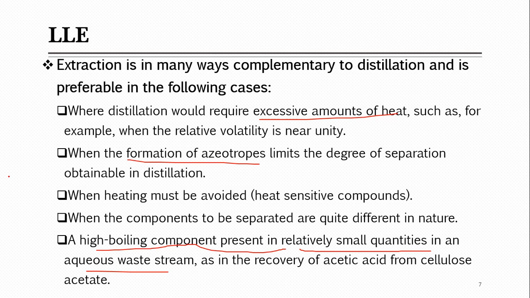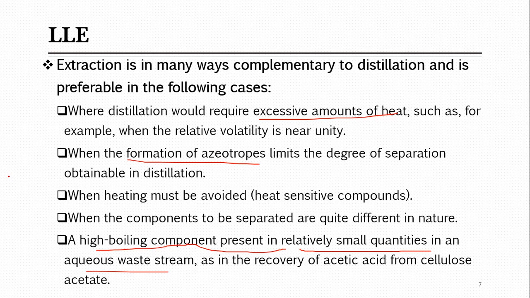It means you have some component, for example acetic acid, which has a boiling point of around 118 degrees centigrade. If it is present in a very small amount in water, in order to separate this from water, you can go for distillation, right?